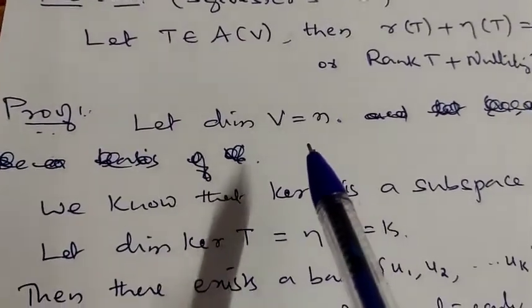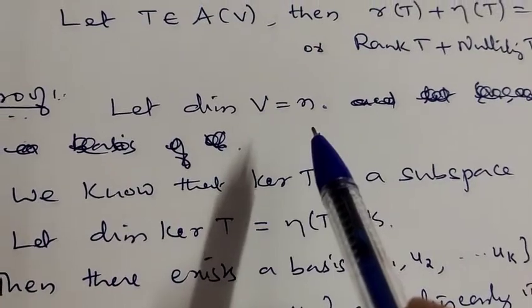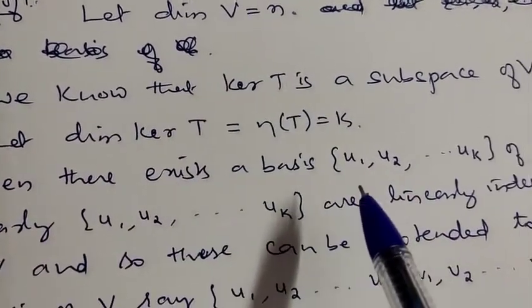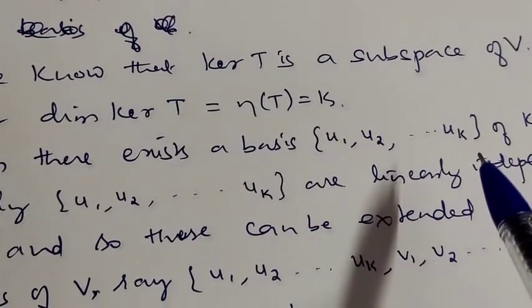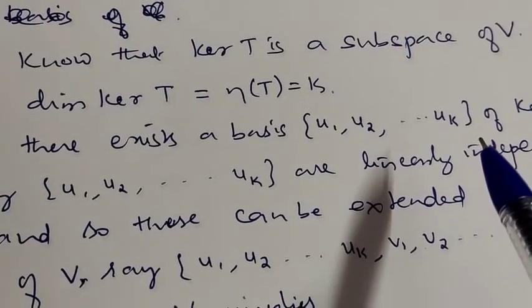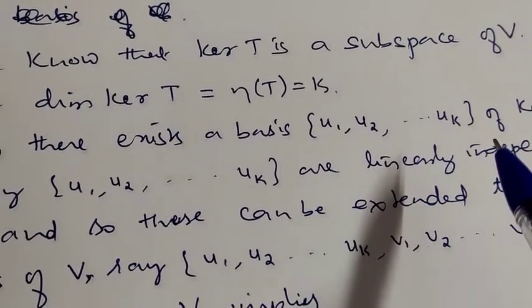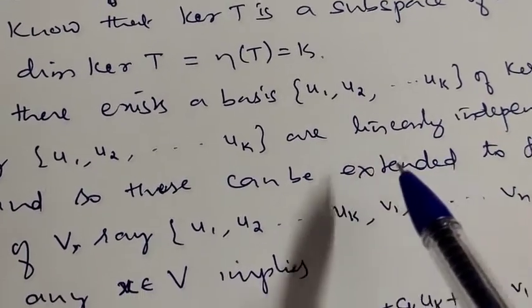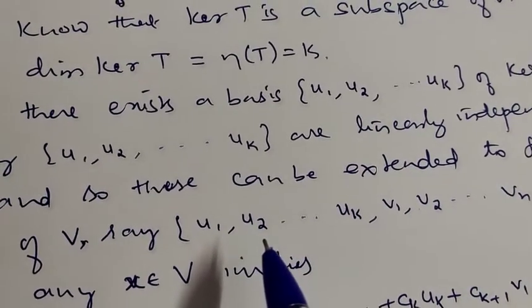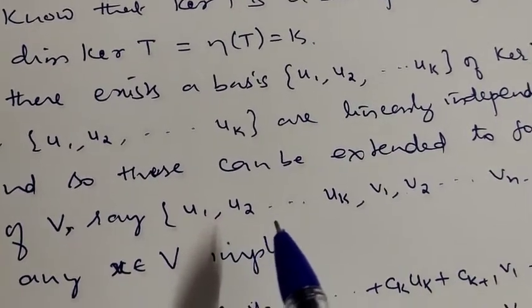But the dimension of the vector space was given to be n, and here we have K linearly independent vectors. So I need to add n minus K vectors so that these form a basis of V.